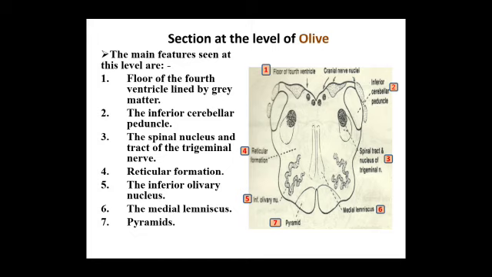In between you are going to find the reticular formation, the inferior olivary nucleus, you can see a crenated mass, and the medial lemniscus in the midline, and more anteriorly placed are the pyramids. So again, to recapitulate, you can see the floor of the fourth ventricle, the inferior cerebellar peduncle, the spinal nucleus and tract of the trigeminal nerve, the reticular formation, the inferior olivary nucleus, the medial lemniscus, as well as the pyramids.